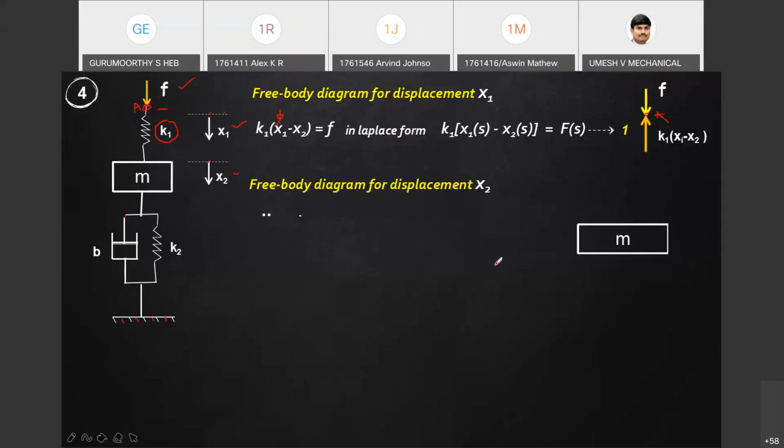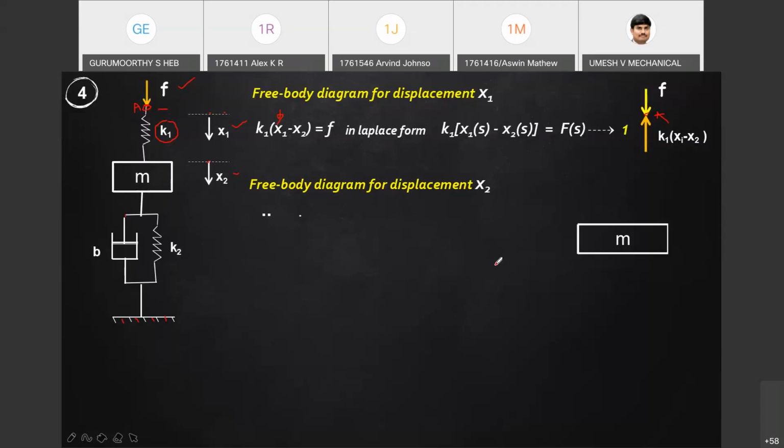For the mass M, can somebody chat how many forces will act on this mass? I want a number. You can type 1, 2, 3, 4, 5, 6 or more. It is simple. You just have to type a number. Just think how many forces are there.